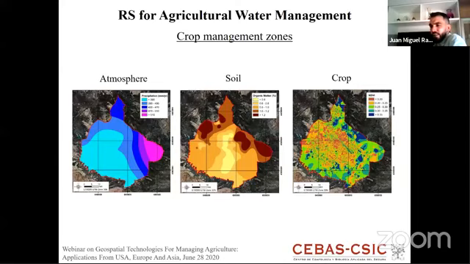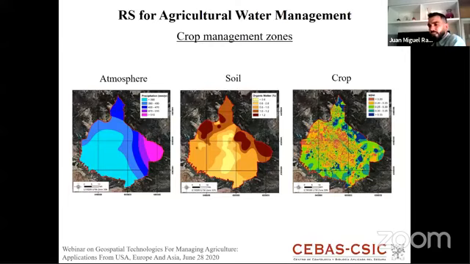We can divide this zoning in function of the environmental compartment on which this zoning is based. Then we can perform the zoning based on some meteorological parameter, soil characteristics, or plant properties.